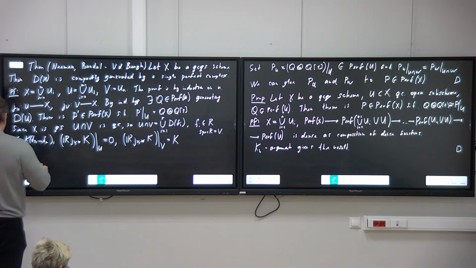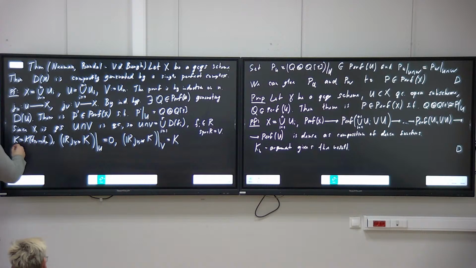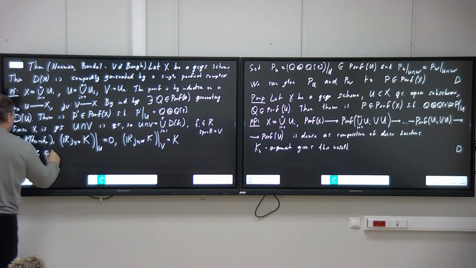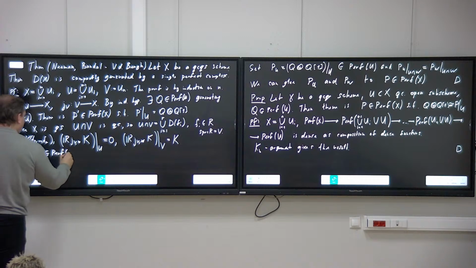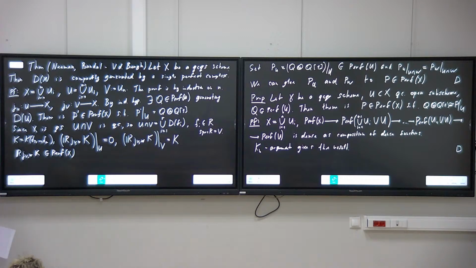So the conclusion is that when you take this push forward along the JV of the Koszul complex, you get something perfect on the X, right? Because I can check this locally, and locally, well, X is covered by the U and V, and on U this is perfect, on V this is perfect. So that's a perfect object. And then I can introduce the generator.